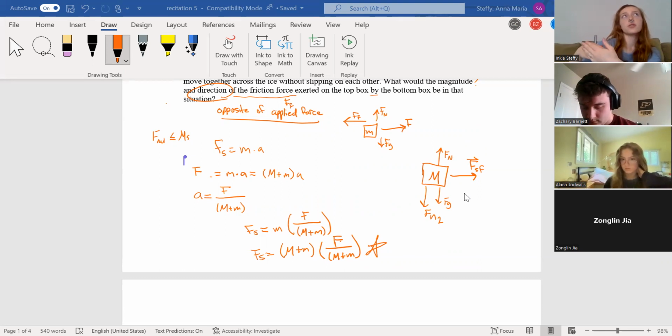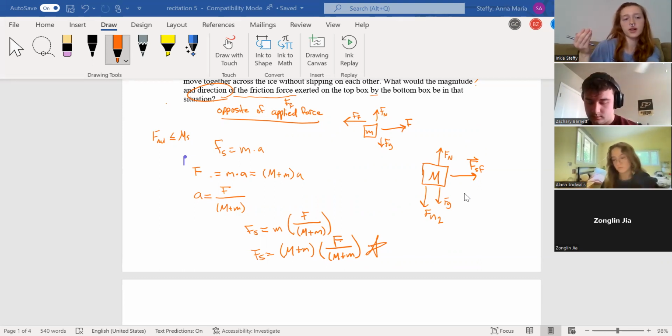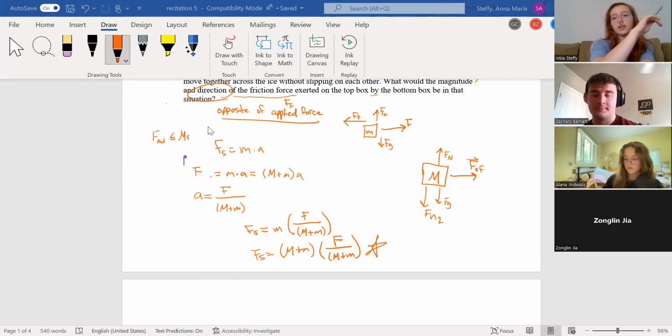And I know that treating it as a system, the bottom box will move with the top box when you put that force on it that we're talking about. And that's really the only force that we're considering right now, considering that it's on an ice rink. I just did not specify that in my notation; I could have put Fs equals negative Fs1 or something like that.